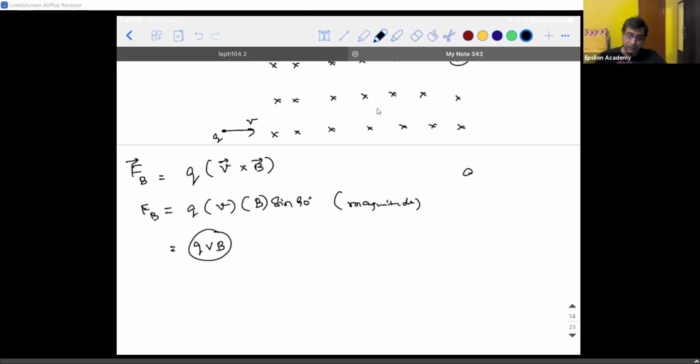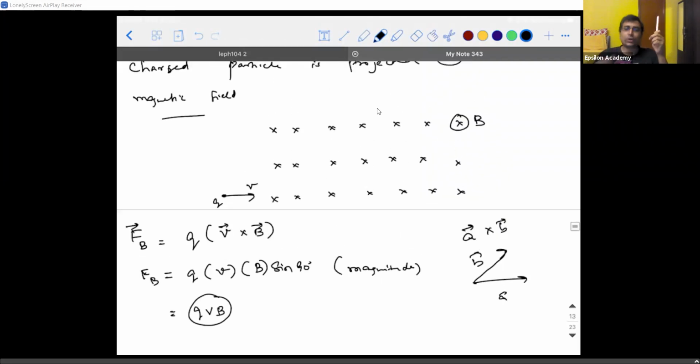So when I have a vector cross b vector, whenever I'm doing a cross b, I need to curl the fingers of my right hand from the first vector towards the second vector in the shortest direction possible. So in this case, velocity is in this direction, magnetic field is in this direction. So v vector cross b vector will be the direction of force.